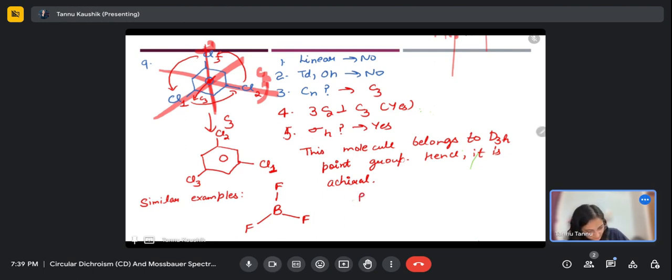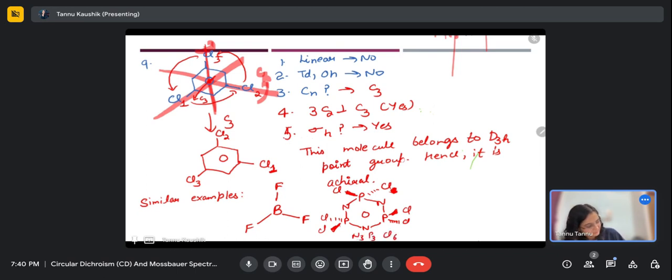Then we have this N3P3Cl6 molecule. Then we have cyclopropane ring.